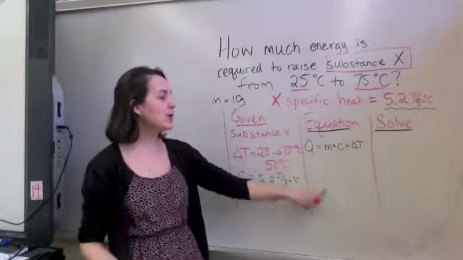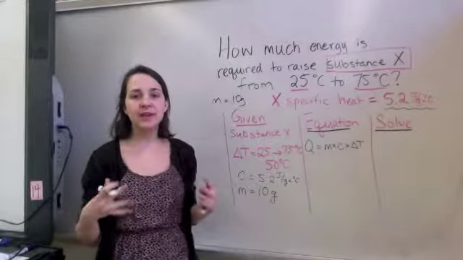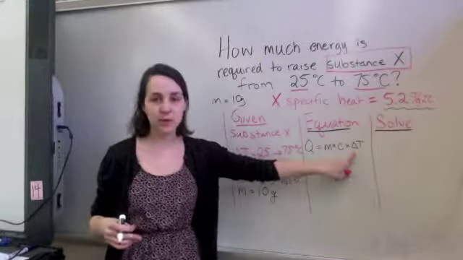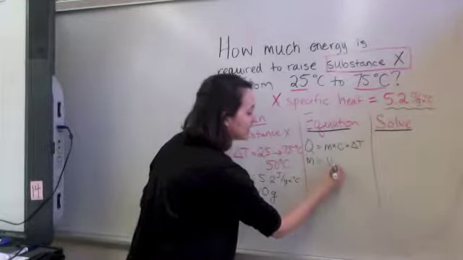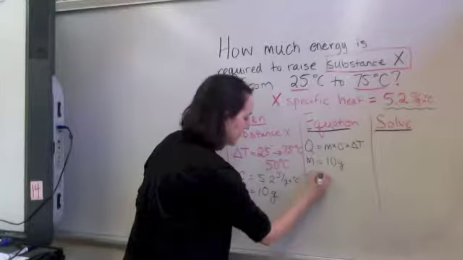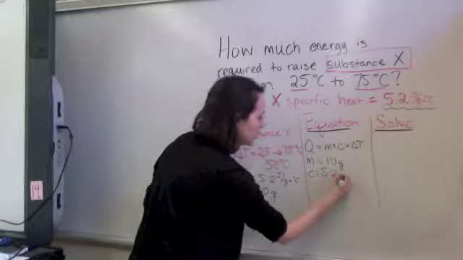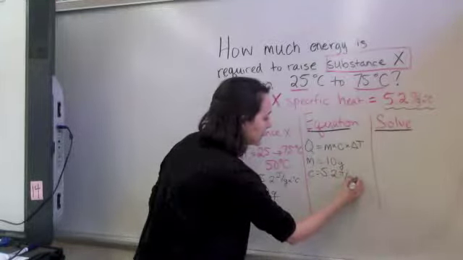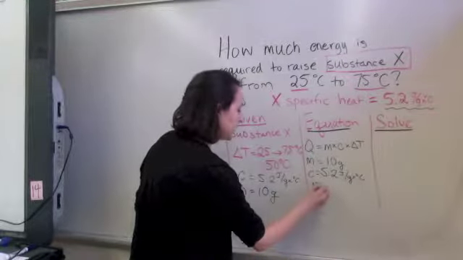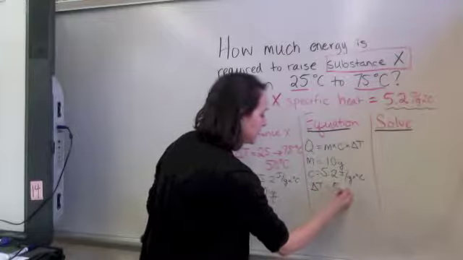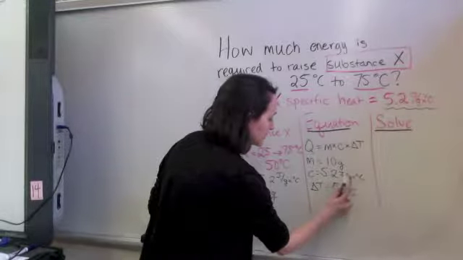Now sometimes it's helpful in the equation column just to fill out again what each of these 3 things will be. Your 3 variables in this case: your mass is 10 grams, your C is 5.2 joules per gram times degrees Celsius, and your delta T is going to be 50 degrees Celsius.